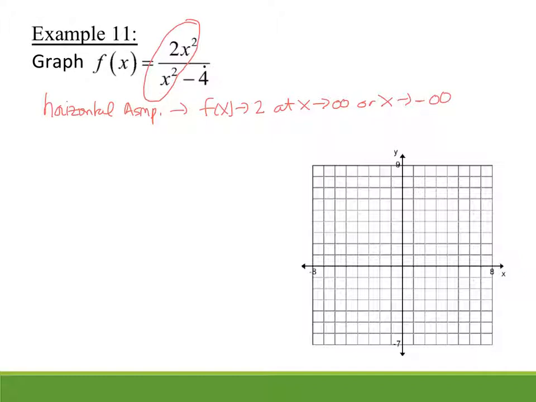So because the way this works, we're going to see that we have the horizontal asymptote along 2.